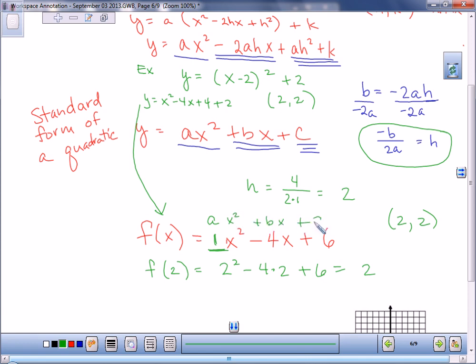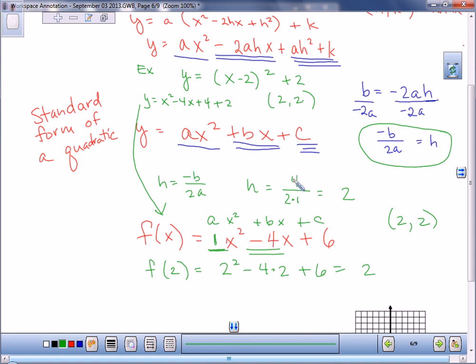So when I get into this negative b over 2 times a, the opposite of negative 4 is positive 4. And 2 times the 1 gives me the denominator here. 2a is negative 4. Wouldn't it be negative 2 then? It'd be negative b, which is negative 4. So okay? Okay. All right.